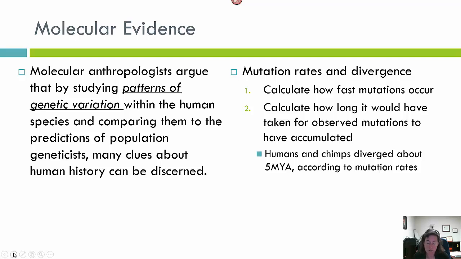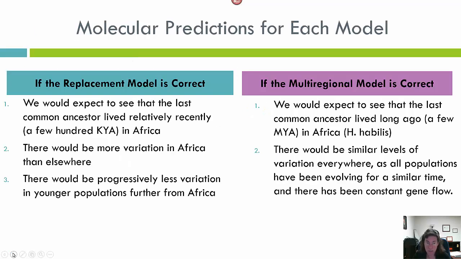Biologists in general have used mutation rates to determine timing of divergence of various species, and they look at the genetic differences between chimps and humans as an example. They calculate how fast the mutations occur, and how long it would have taken for those observed mutations to have accumulated. They tried to use this method when examining living human populations and when modern human populations began diverging from one another.